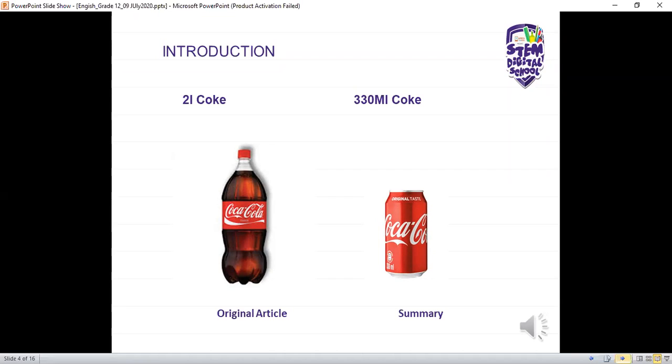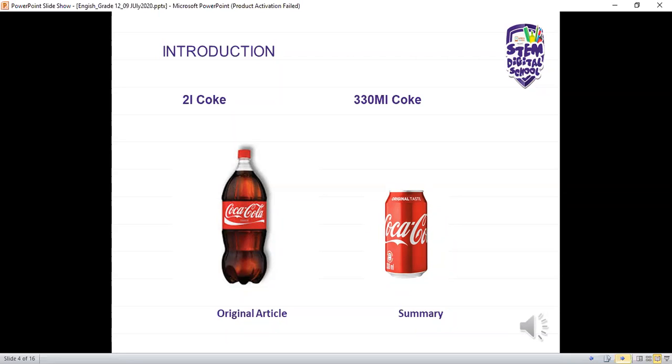Yeah. So in front of you now, there are two pictures. It's a 2-liter Coke and a 330 ml Coke. Oftentimes we use articles to do summaries. You're given an article, then you're asked to summarize it.